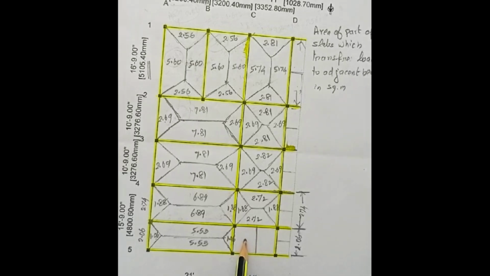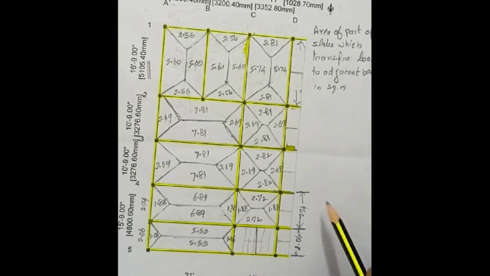The staircase slab is like this, the steps are like this. The staircase base slab rests over this beam and this beam only. This slab does not give any load to this beam, and this slab does not give any load to this beam either. So the total area is divided into two, and 50% gives the load to this beam and the balance gives the load to this beam.